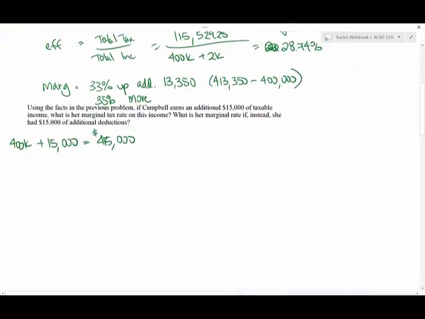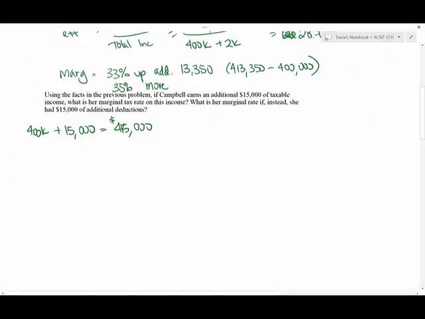Now to get to the marginal rate, I'm going to look at the difference between those two. The new tax with the increase is $120,512.95. The old tax liability was $115,529.25. And I'm going to divide that by the difference between new and old taxable income.